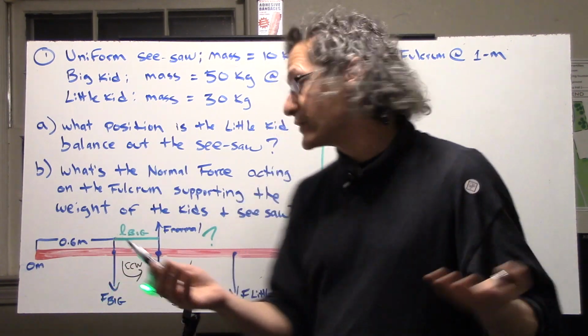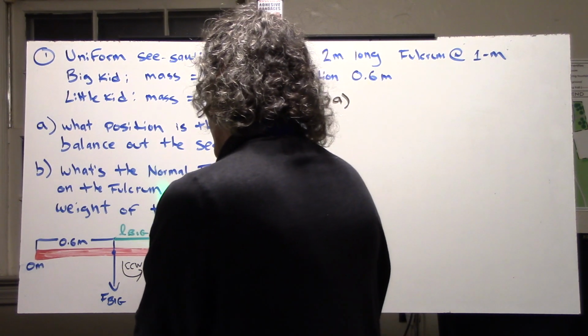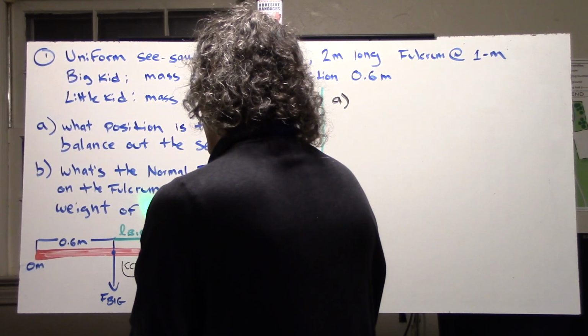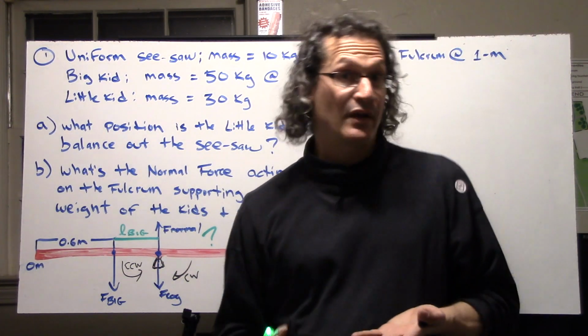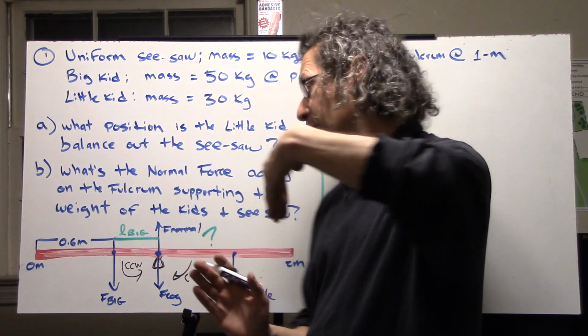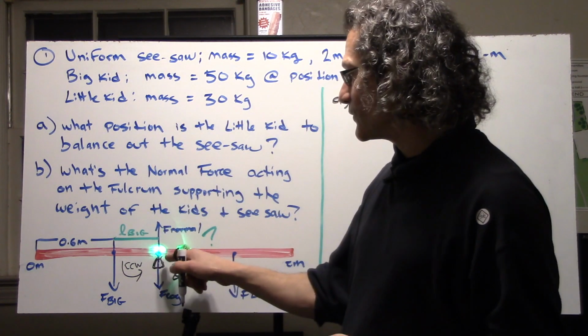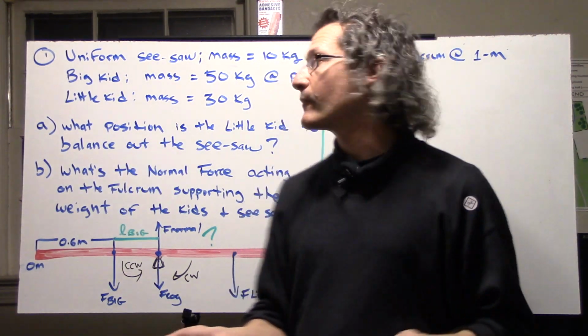Forces up equals forces down, and that's the normal force right here at the fulcrum. Oftentimes it's a little post where the bar is. It's pushing back up because all the weight is pushing down on it, so this piece of structure is responsible for supporting all that weight.